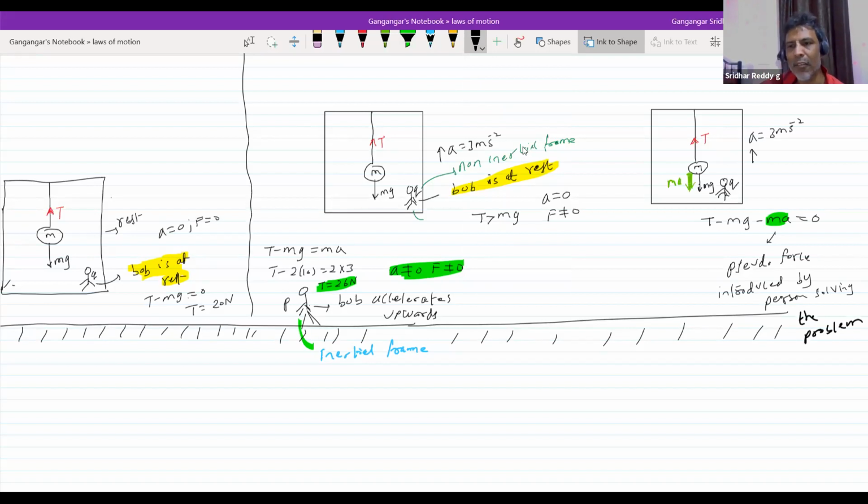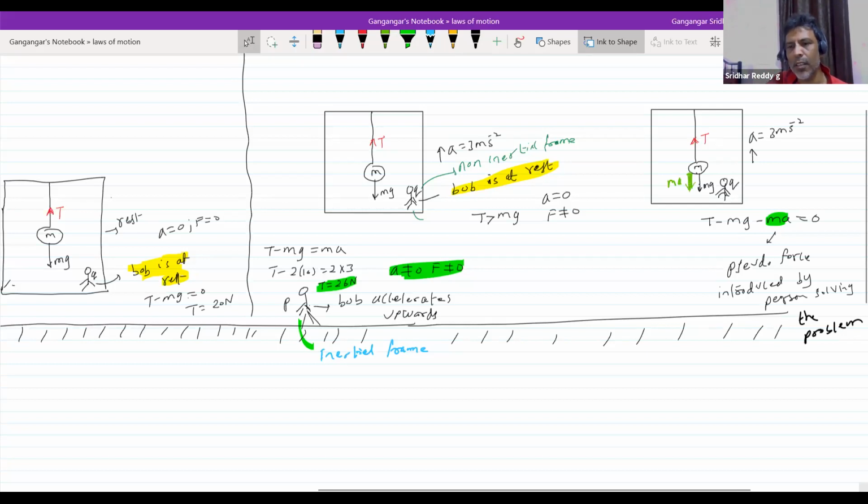Sir, when to take pseudo force? When you take the reference point as a non-inertial frame, take it. Sir, I'll do all the problems in the ground frame. Okay, fine. Good. Say goodbye to pseudo force. Okay, so this is a brief introduction to the idea of pseudo force. The rest of everything is in different numericals.